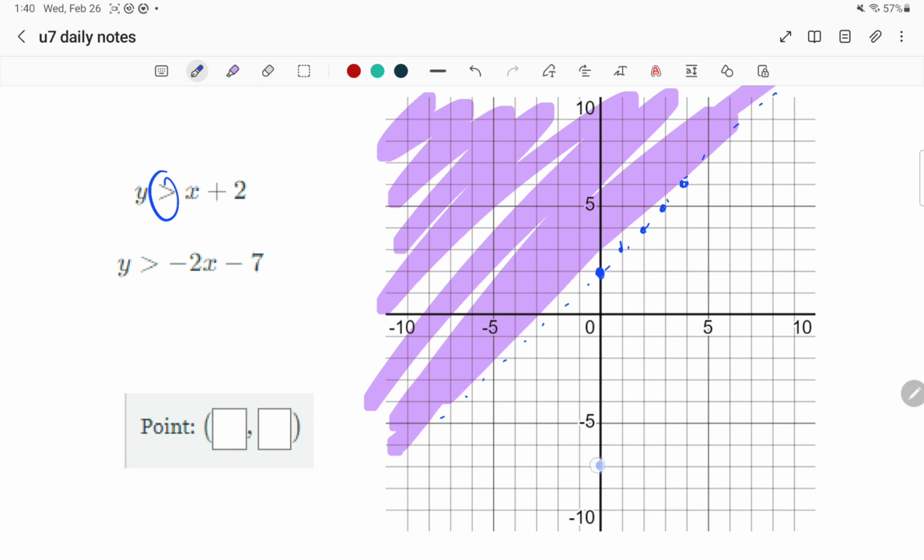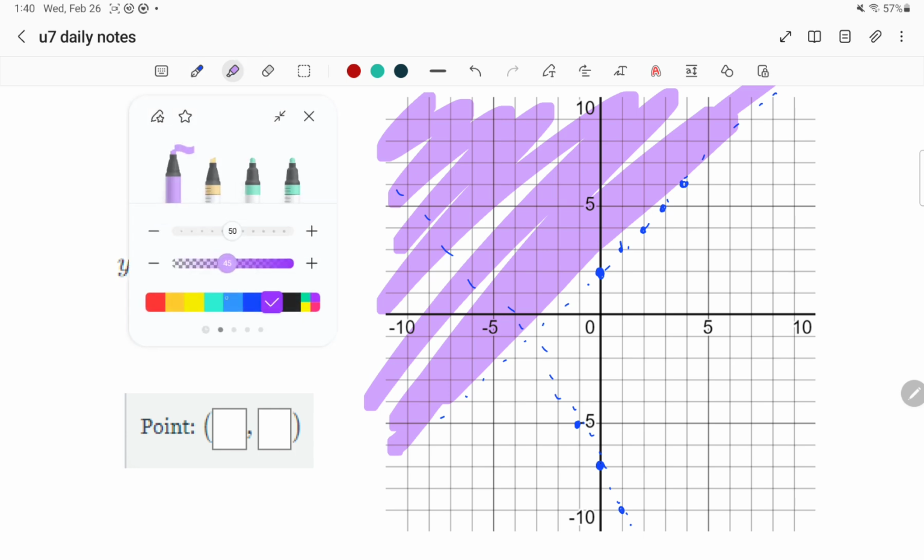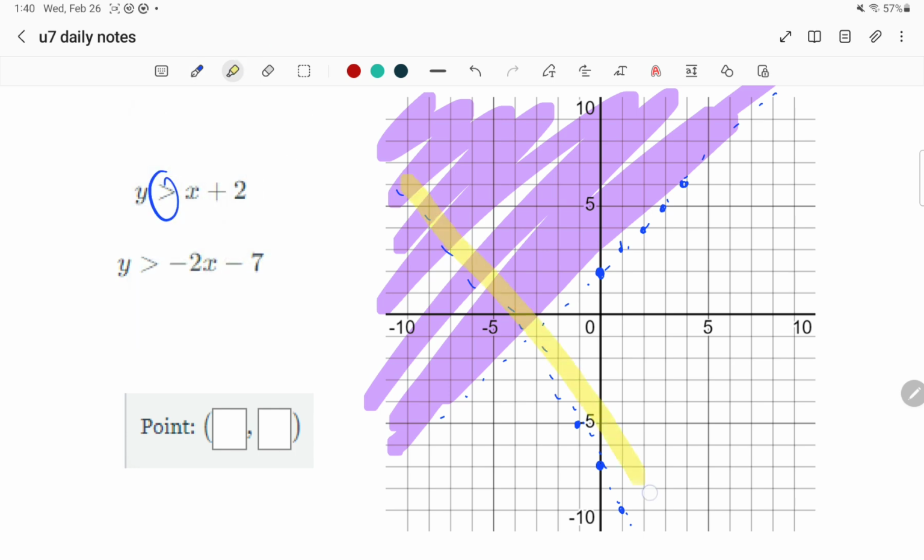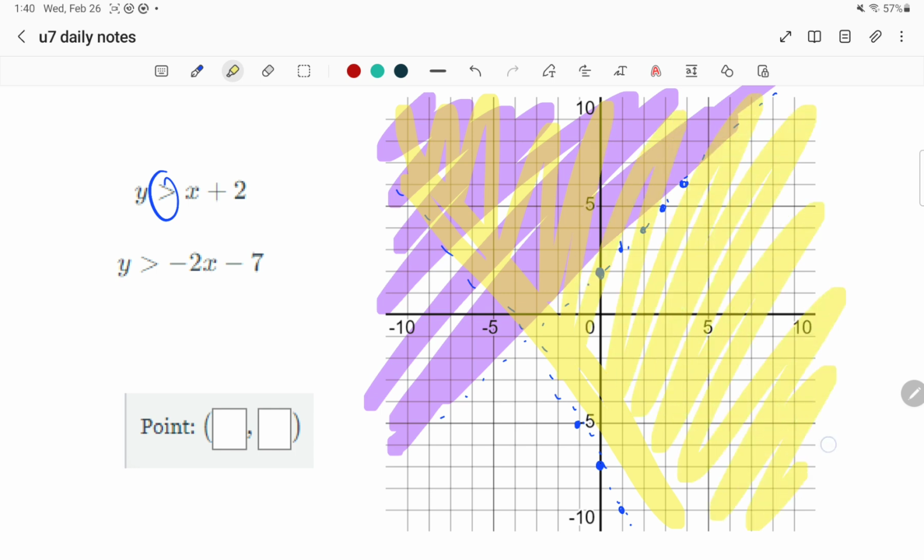Let's put a dot on -7, and then I'm going to go down 2 over 1. And that's going to make a dotted line looking like this. And again, I'm going to shade above because it's greater than. So that is this right here.